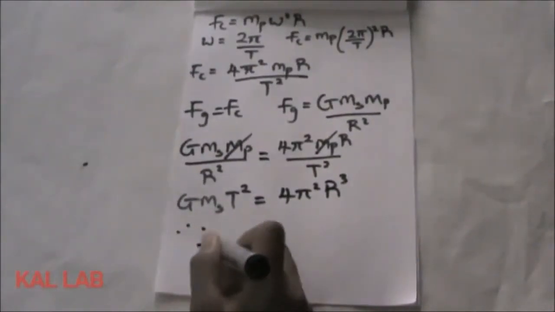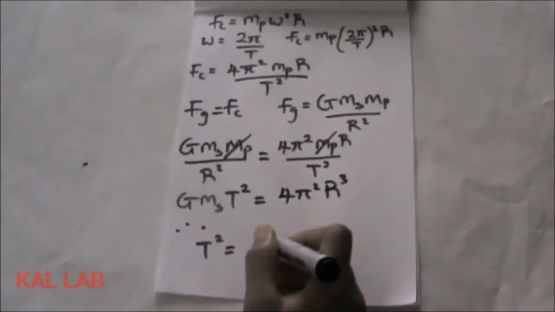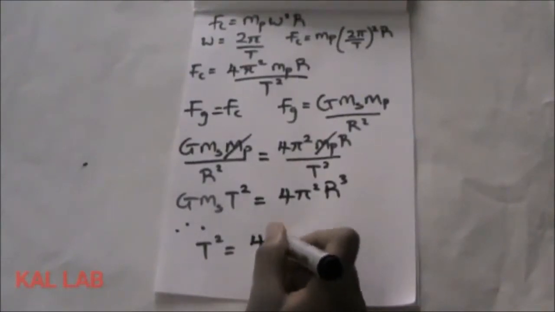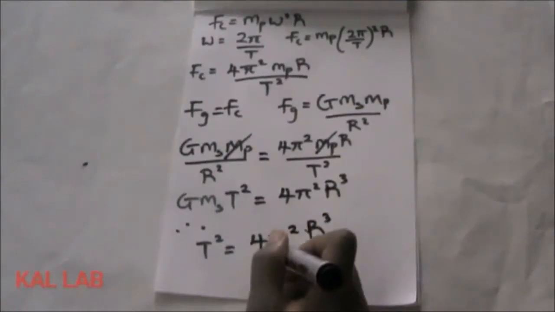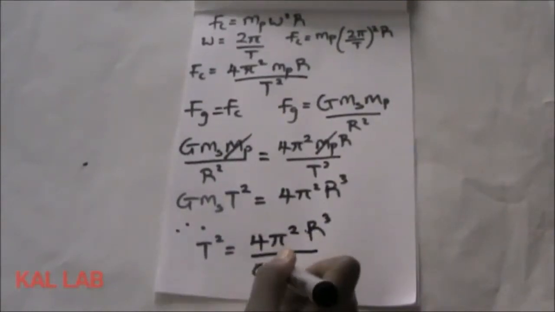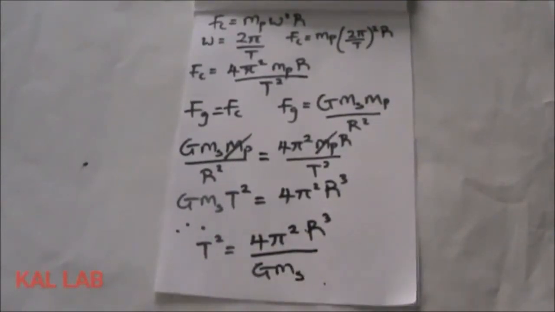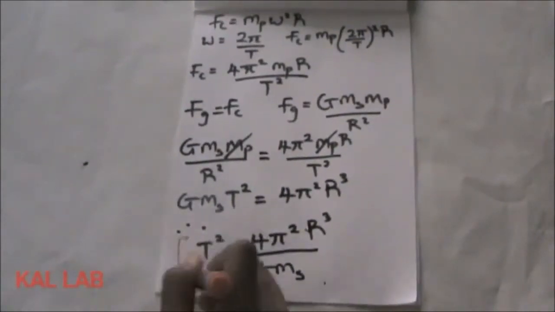So therefore T squared equals 4 pi squared r cubed over G Ms. So we can see that we've actually proved the theorem.